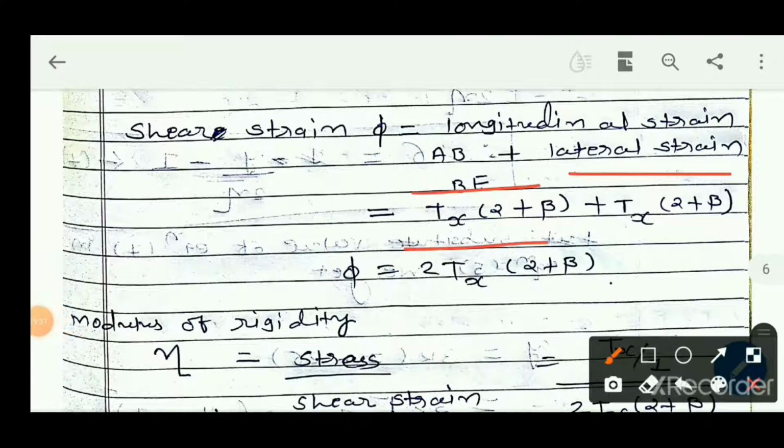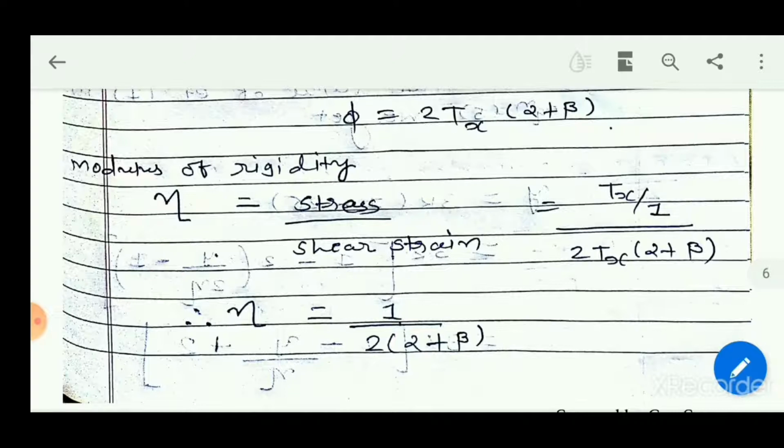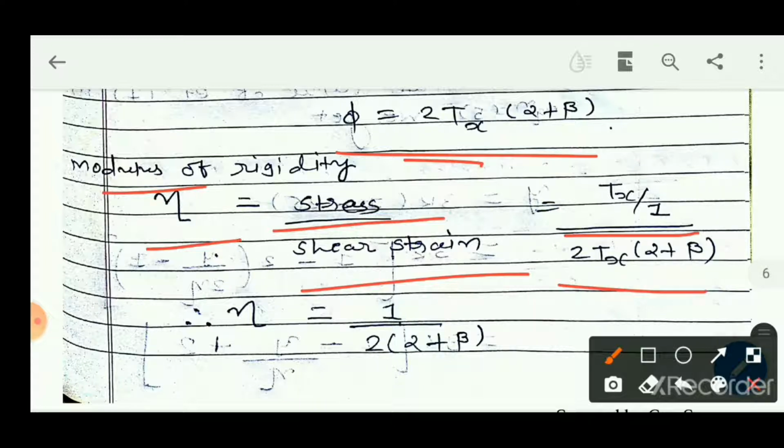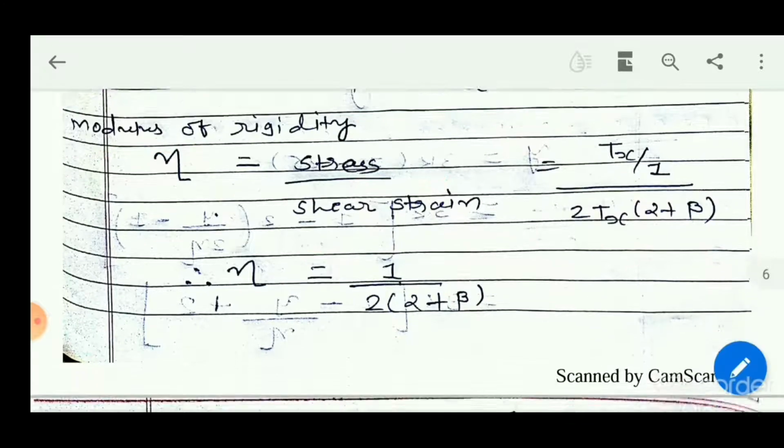So it becomes Tx alpha plus beta plus Tx alpha plus beta, so it becomes phi is equal to 2 Tx alpha plus beta. So now modulus of rigidity is equal to eta is equal to stress upon shear strain. Stress is equal to Tx upon 1 and shear strain is equal to 2 Tx alpha plus beta.